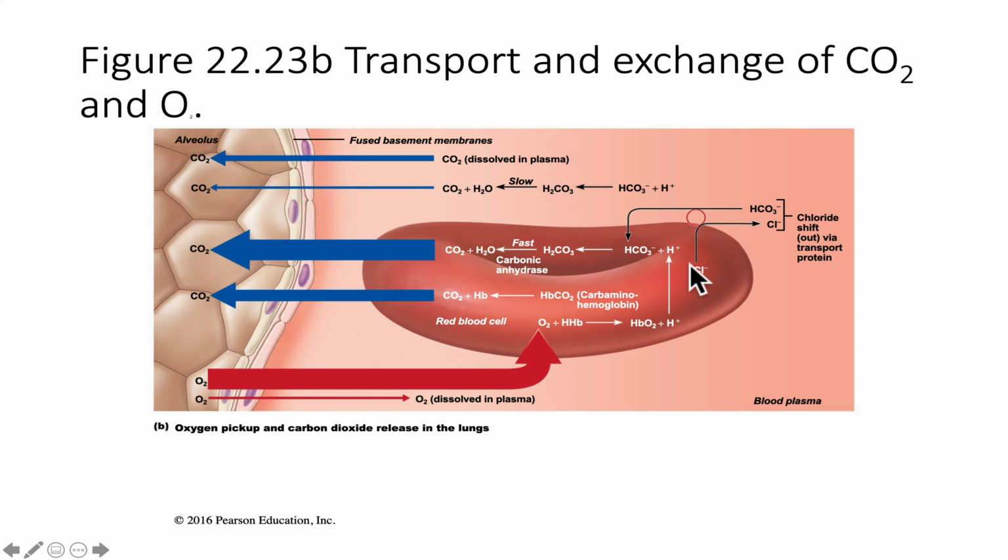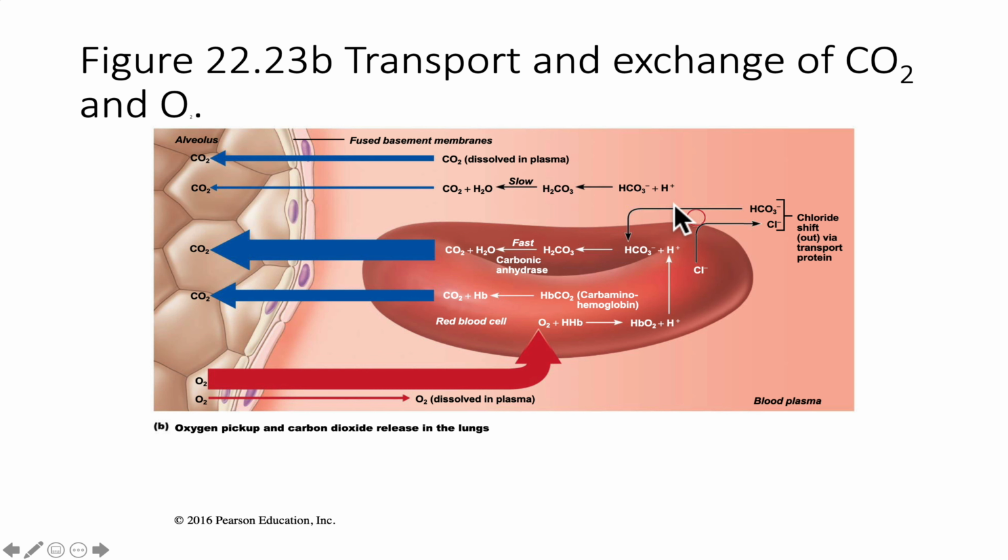So some of the bicarbonate ends up turning into carbonic acid. Now, that carbonic acid reacts with carbonic anhydrase and we end up getting water and carbon dioxide. And then this carbon dioxide diffuses out with this partial pressure gradient into the alveolus.